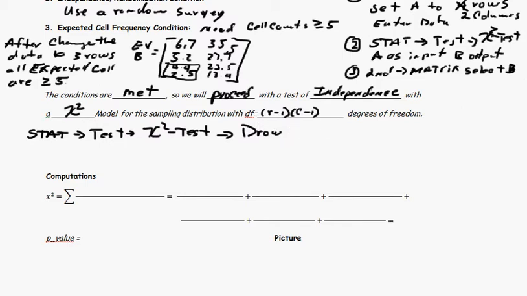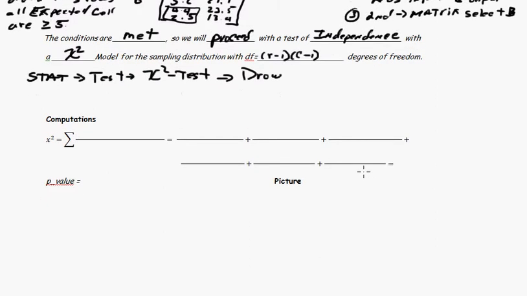So first we see that the chi-square value is 0.7085, and the p-value, which is the probability that the chi-squared value is greater than 0.7085, is 0.7017.